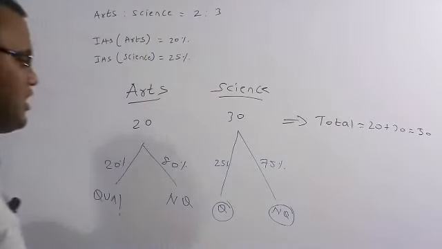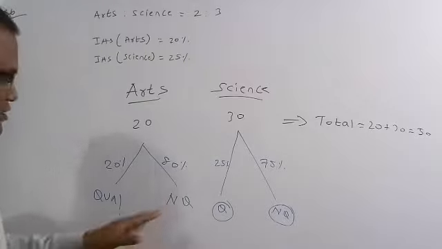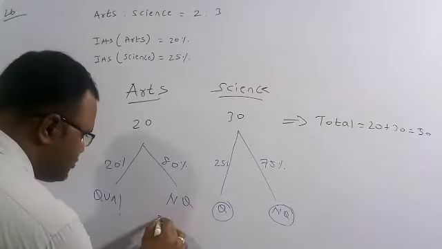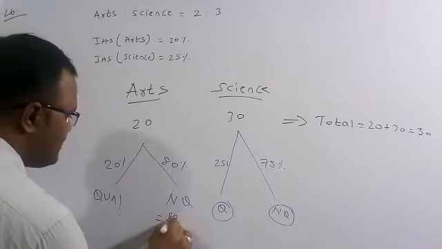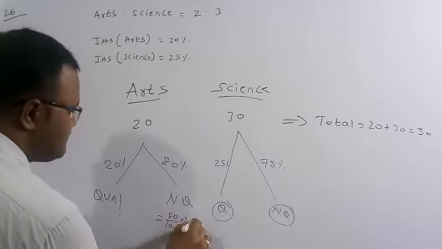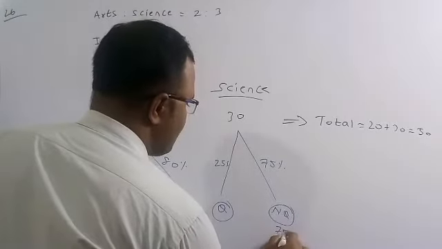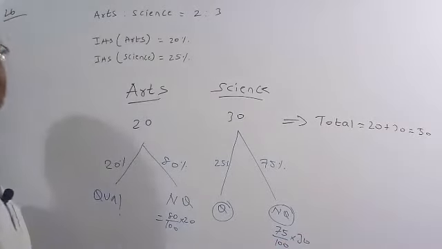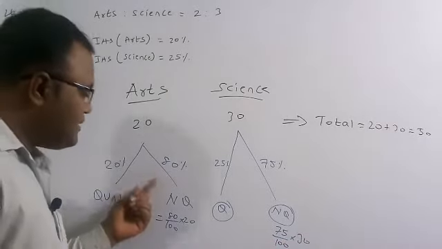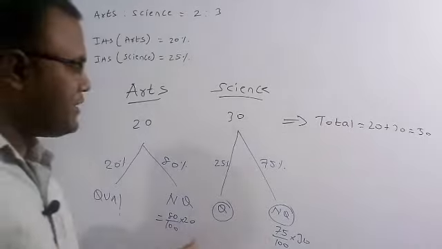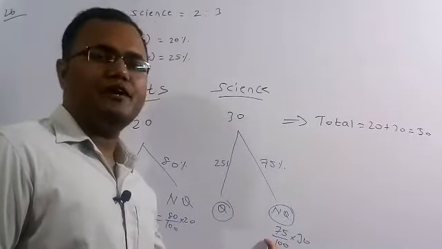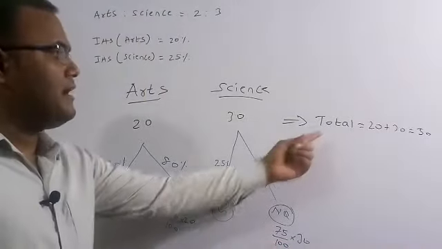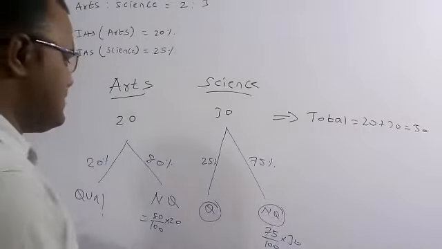So we have to figure out how many non-qualifiers there are. For arts it is 80 by 100 into 20, and for science it is 75 by 100 into 30. We need to add these up and divide by 50 to get the percentage.